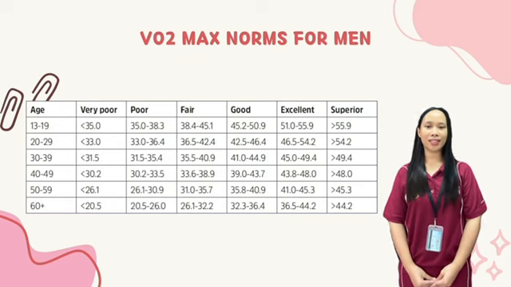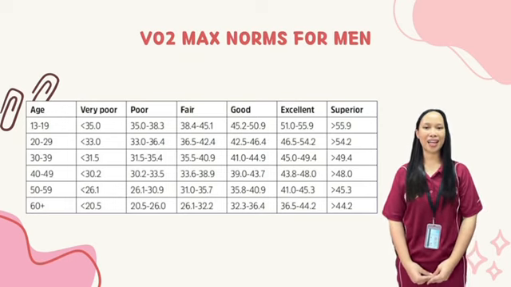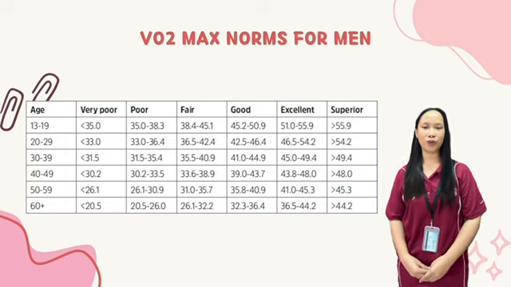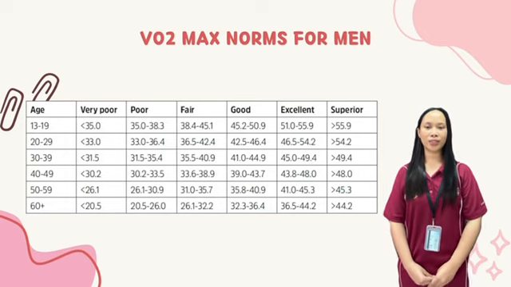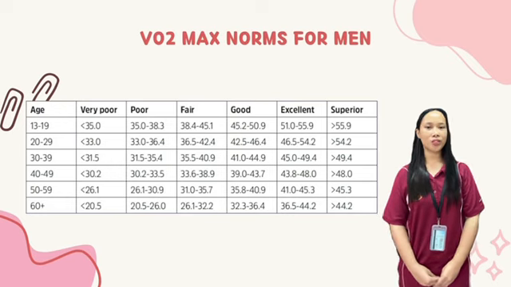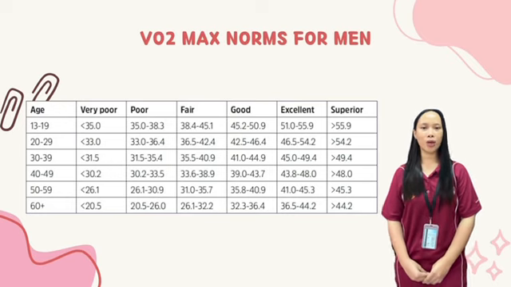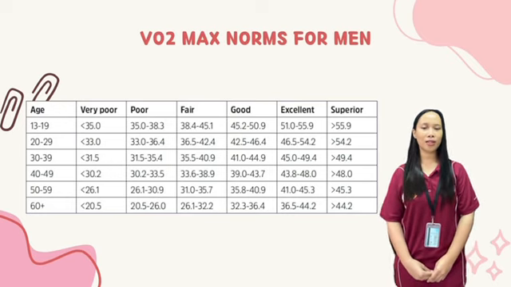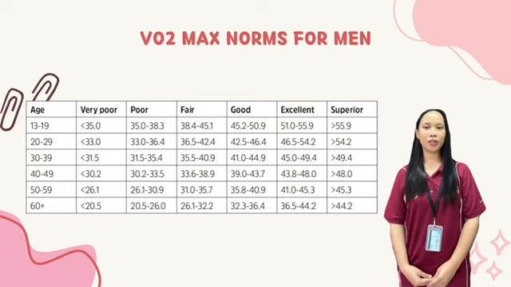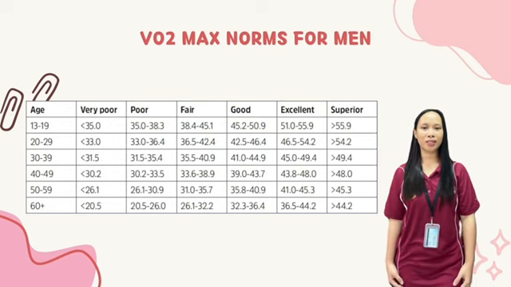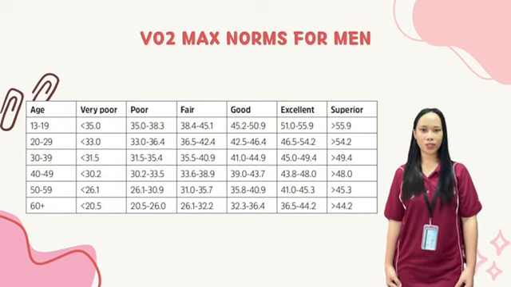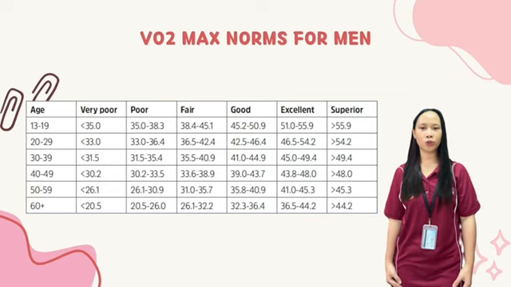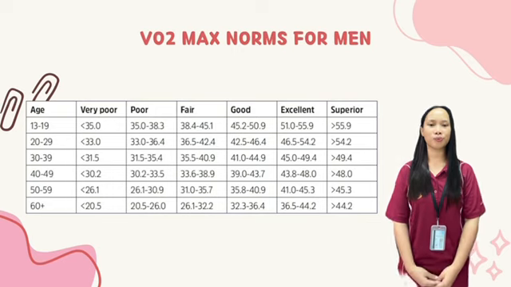So, the chart is divided by age range starting from 13 to 60 and above. Each age group has categories, which are very poor, fair, good, excellent, and superior. These categories show how a person's VO2 max score compares to others in the same age group.